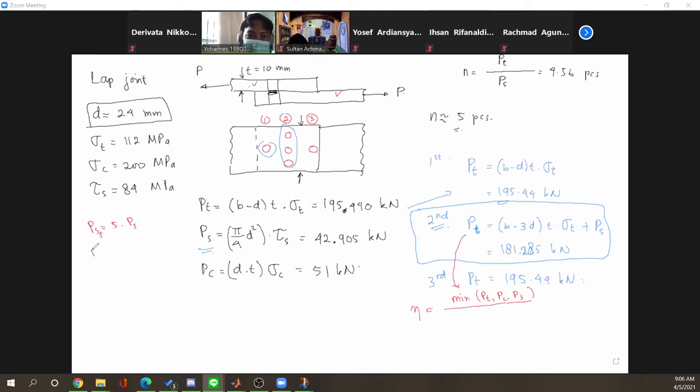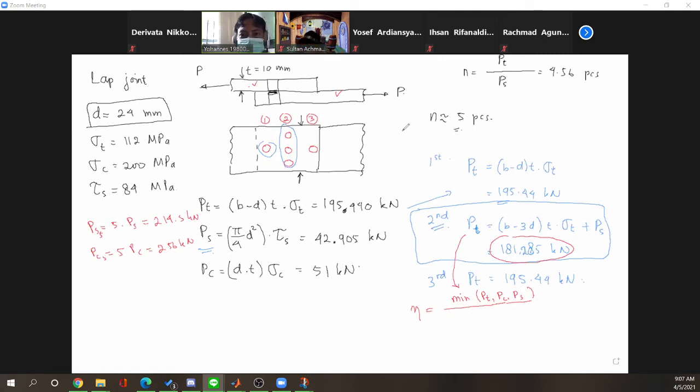And for compression for 5 rivets we also have about 210 kilonewton, and for this one is kilonewton. Okay, so this is the minimum between 3 of them.